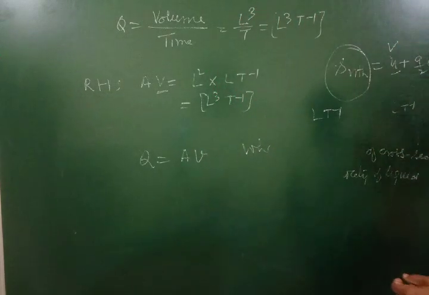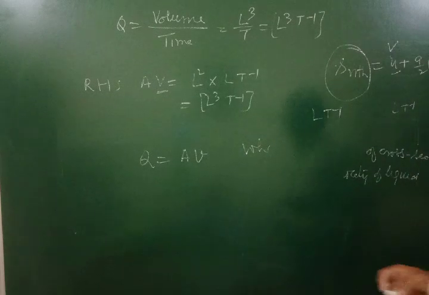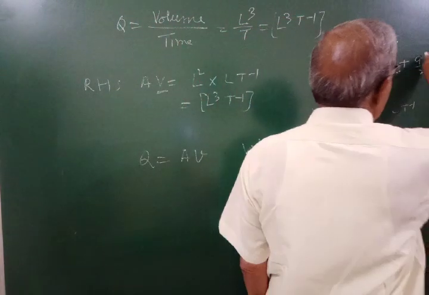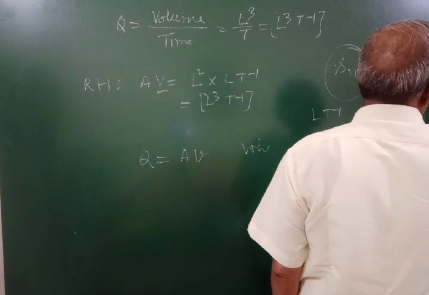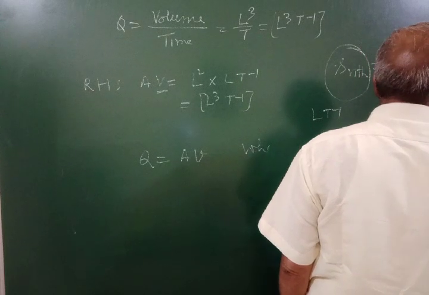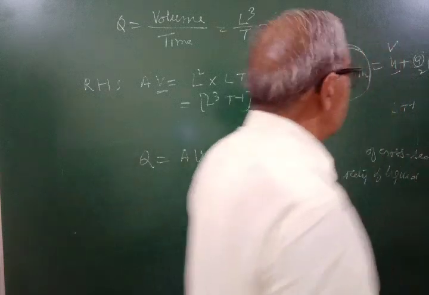Okay, n is a number. No, here this whole term is about time. 2n minus 1 is representing time. So acceleration has dimension L T^-2 into T, so it becomes L T^-1. So this formula is correct.